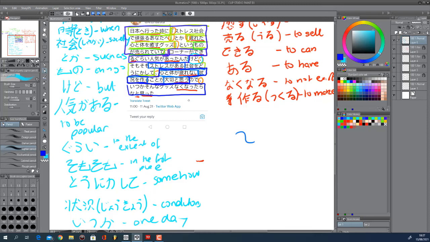So it's saying, somehow in the first place, if we consider these things as important, in this case, because it's saying 大切と思う, I would say that I think that's important. But because we're talking about, in the first place, and we're talking about society, it's referring to, if we consider these things as important in society, then one day these things will not need to exist.